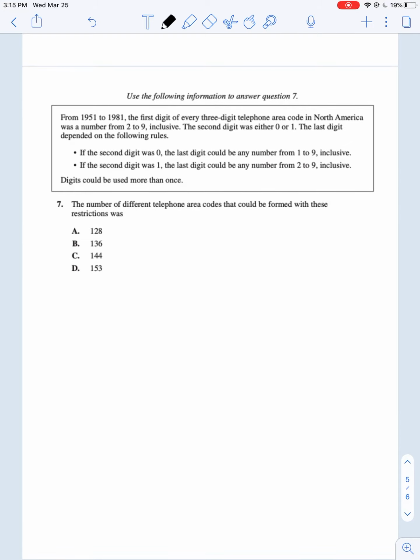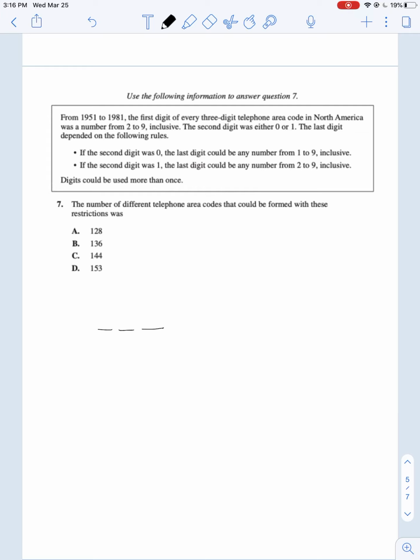From 1951 to 1981, the first digit of every 3-digit telephone area code in North America was the numbers 2 to 9 inclusive. The second digit was either 0 or 1. The last digit depended on the following rules. So let's put 1, 2, 3 for the three digits.